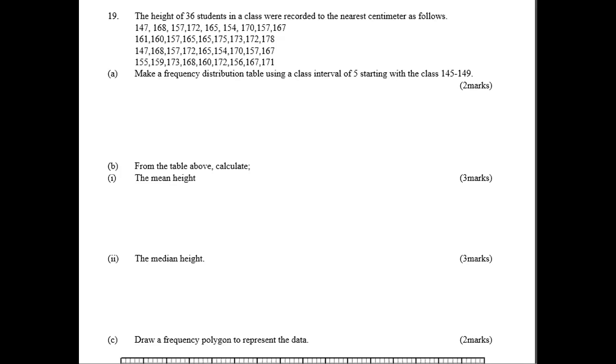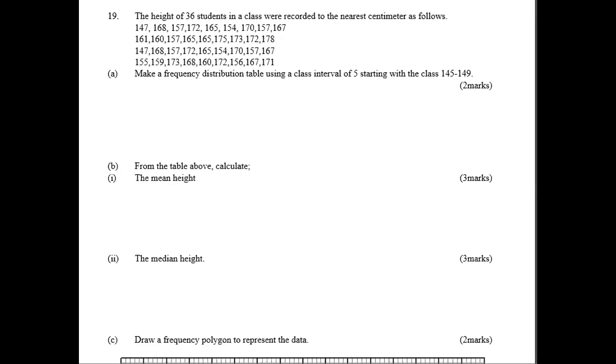That formula of median we ought to remind ourselves of often because it's not found in the tables, but we have used it severally. It is lower class boundary plus, in bracket, n over 2 minus previous cumulative frequency, divided by current frequency.